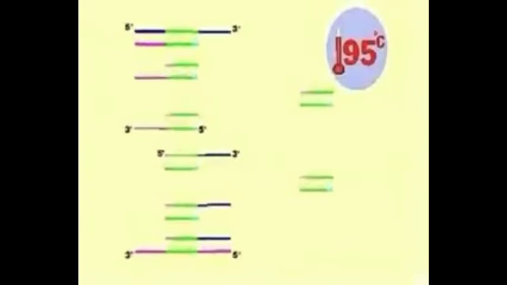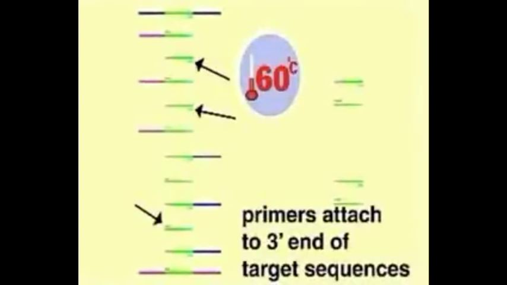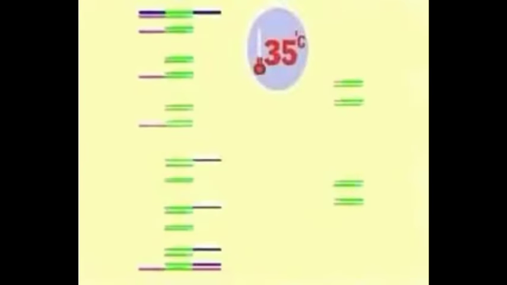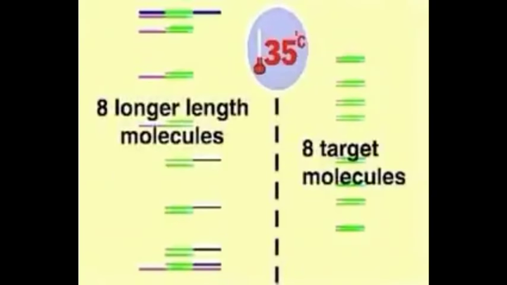At cycle 4, the DNA strands are melted, the primers anneal, and the DNA strands are copied as in the previous cycles. Eight copies of the target molecule and 8 longer molecules are produced.